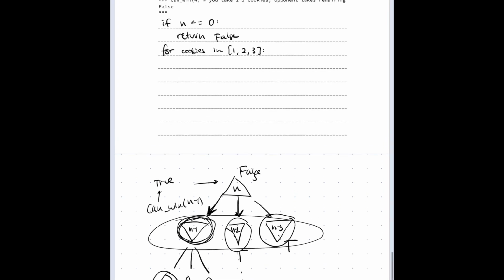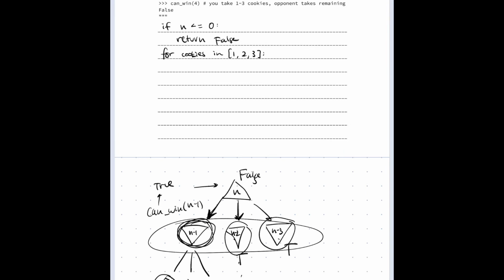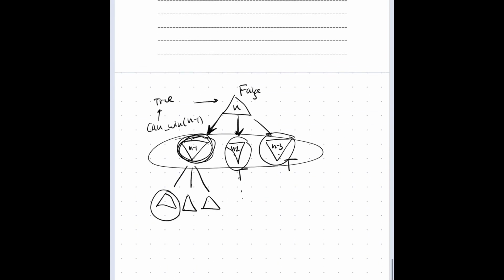So what we do want is to see if there's any possibility. So my friend has to be like can win. I'm going to abbreviate can win to CW. So can win n minus 1 and can win n minus 2 and can win n minus 3.